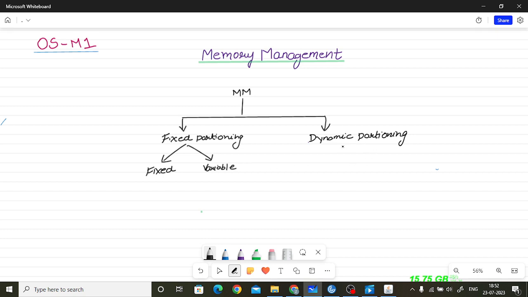Coming to dynamic partitioning, we have two concepts to be studied: contiguous and non-contiguous memory allocation.